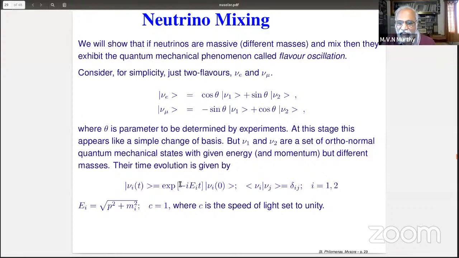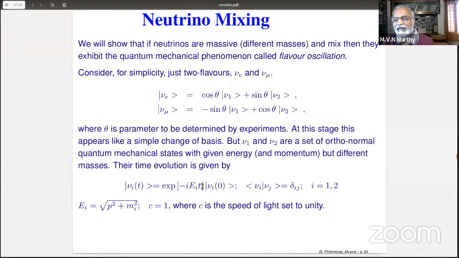Now, let us say that this E_i is something which refers to nu1 and nu2 which have slightly different masses m1 and m2. Even if their momentum is the same, they are momentum eigenstates, and even if their mass is slightly different, then this phase will be different for nu1 and nu2, and therefore when nu1 and nu2 evolve, they evolve with different phases.